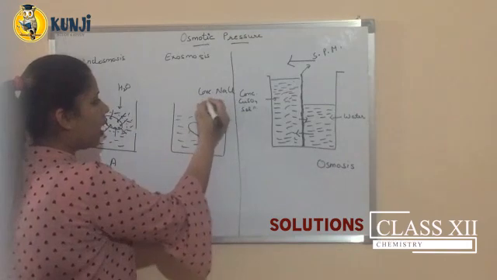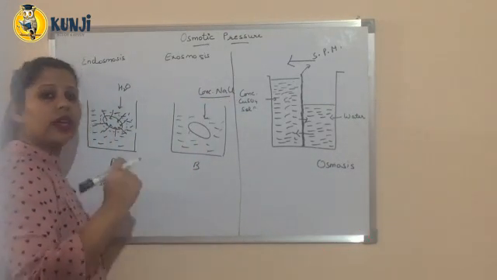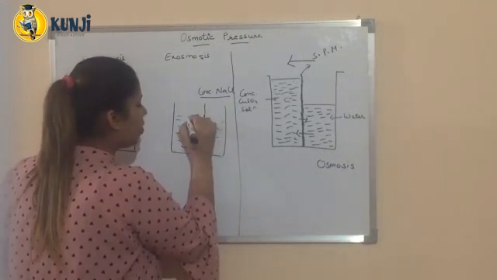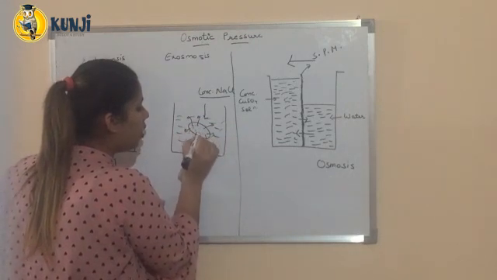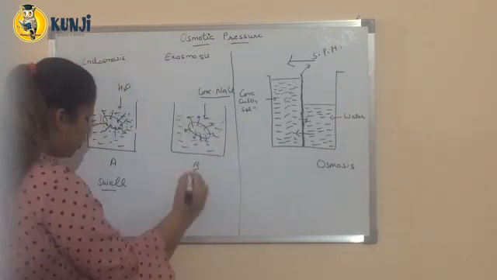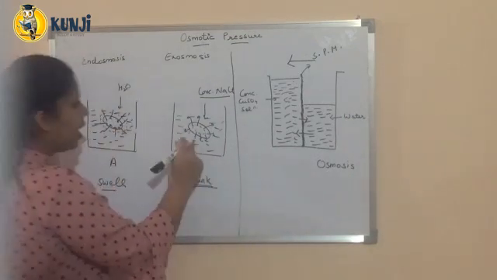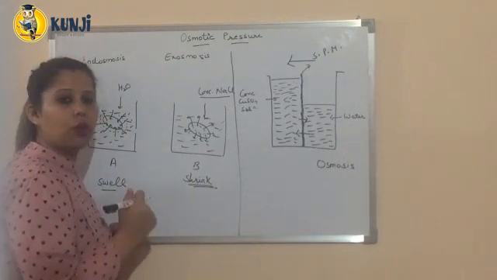In the second beaker, we have concentrated NaCl solution, which is more concentrated. So the movement will be from inside to the outside and the egg will shrink, which is known as exoosmosis, and the swelling is known as endoosmosis.